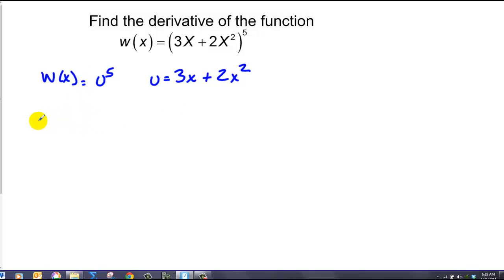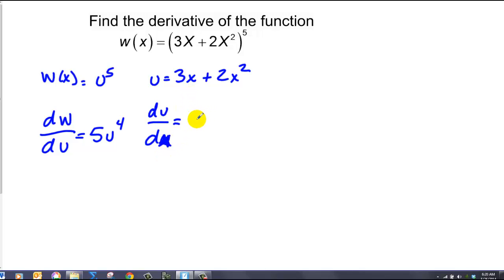Now, if I take the derivative of w with respect to u, so I'm finding the derivative of this term in terms of u, I get 5u to the fourth. Now if I take du dx, in other words, the derivative of u with respect to the x variable, I get 3 plus 4x.